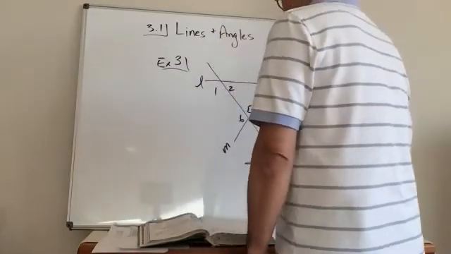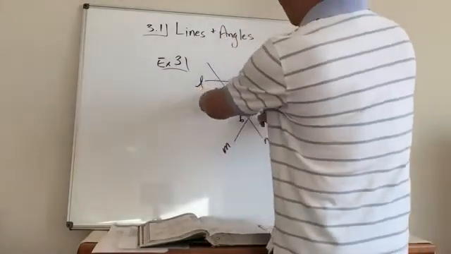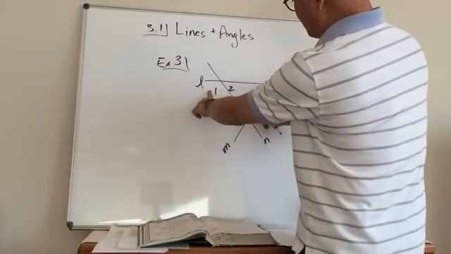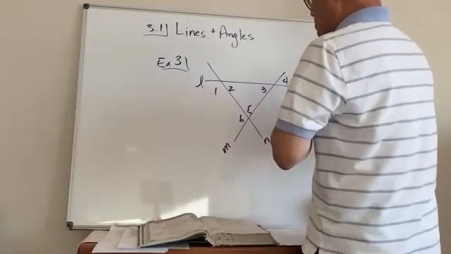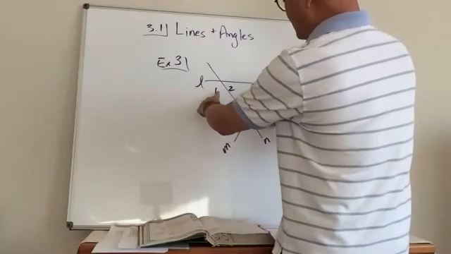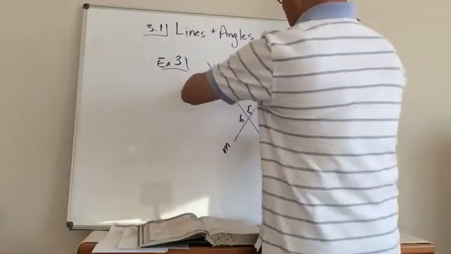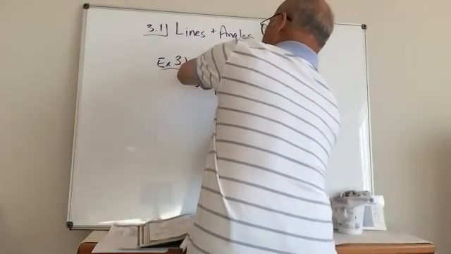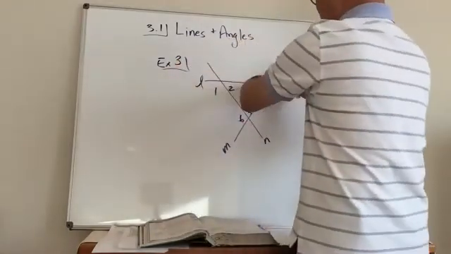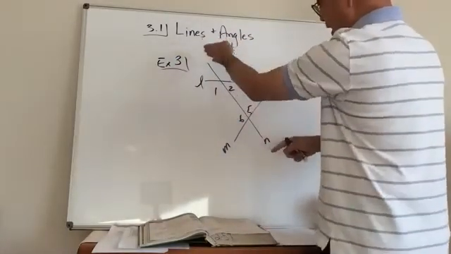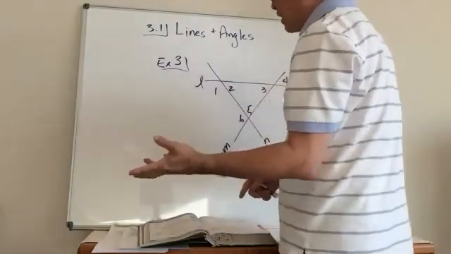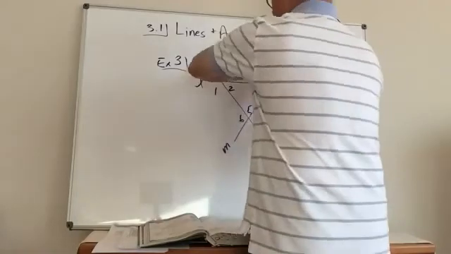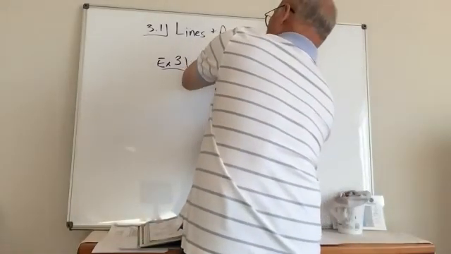So 1 and 5. If you look at 1 and 5, okay, they are alternate interior angles because these two lines are the lines that were drawn. So L and M are the lines that are drawn, and N is the transversal. If you have a hard time seeing that, imagine if you would lift the L a little bit.